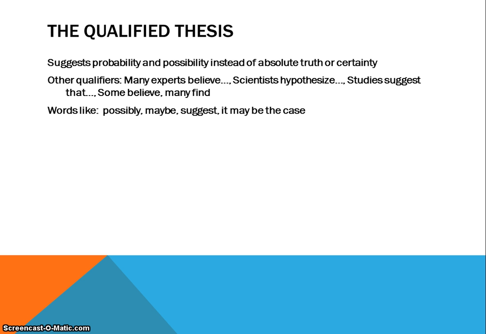So if you go back to that earlier example that I gave you of global warming is real, then if I take that statement of what would appear to be personal opinion, and a personal stance on an issue, and I throw one of these qualifiers in front of it, then I would have this: many experts believe global warming is real.